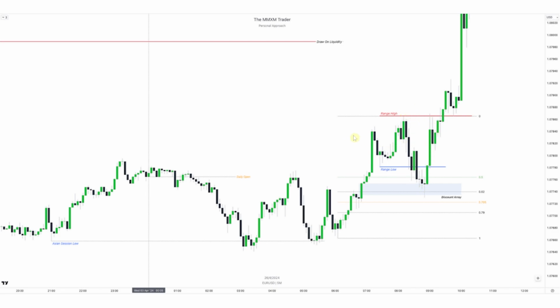So that is order pairing, and we want to hit a key level below the range low for it to be high probability. And we can see that over here we dip into discount, OTE levels hit, discount level hit, right? Range low, sell stops accumulated, and then price pushes up higher into the range high where the buy stops rest. So orders are paired from low to high.